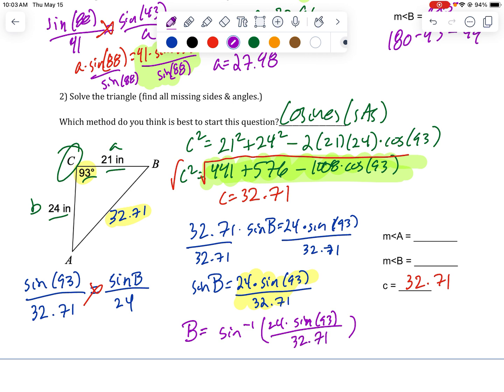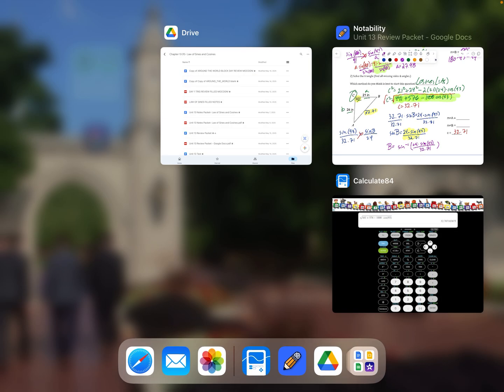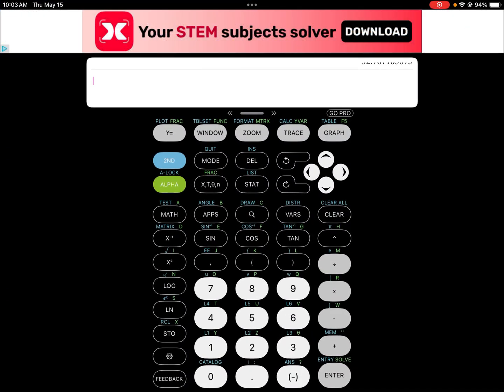Okay, you can do it two different ways. So I'm going to show you both. Here we go. I can do 24 times sine of 93, not tan, divided by 32.71, and then press second sine inverse, and then second answer, and get 47.11.